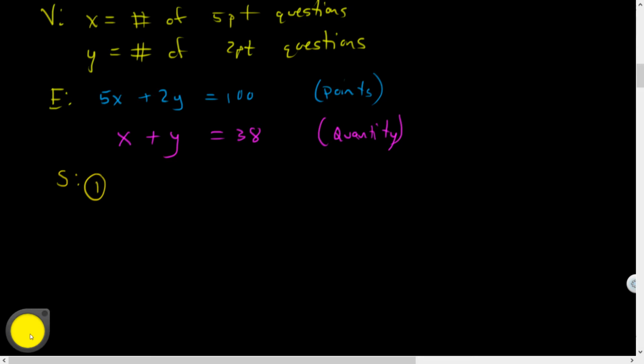So let's see. Step 1 of substitution: solve one of the equations for one of its variables. Which variable of these 4 slots should I solve for? I like this equation better, right? I don't want to solve for this because I'd have to divide at some point. That creates fractions. I don't want to solve for this either. I'd have to divide. That creates fractions.